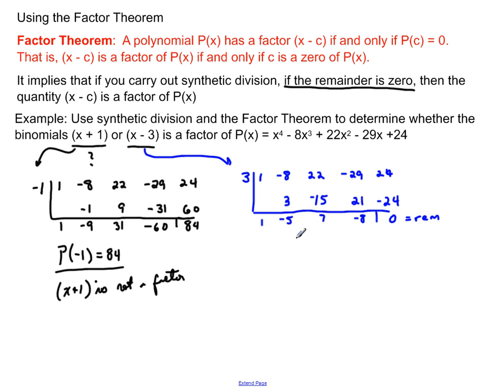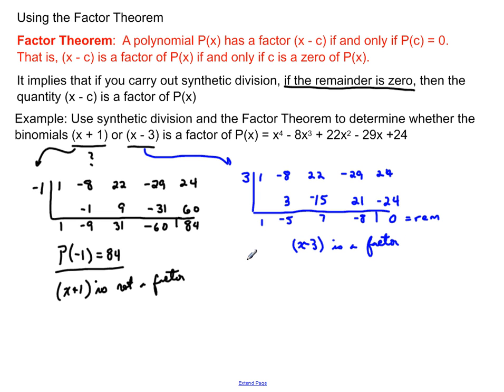And we found, according to this theorem, that x minus 3 is a factor. Now you might be wondering, well, why is it a factor?